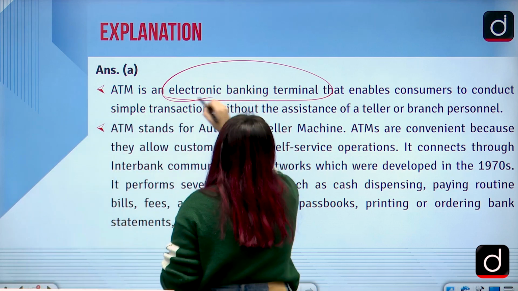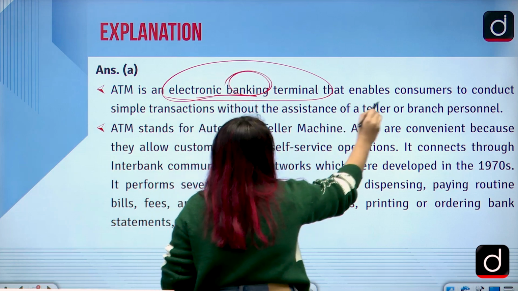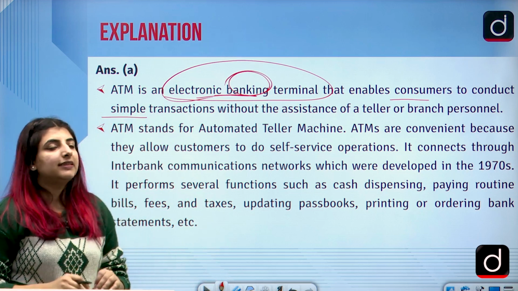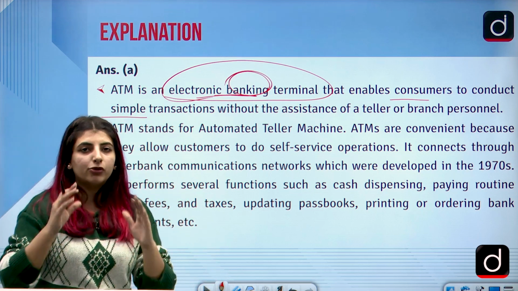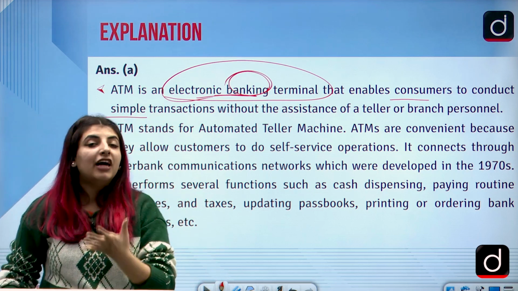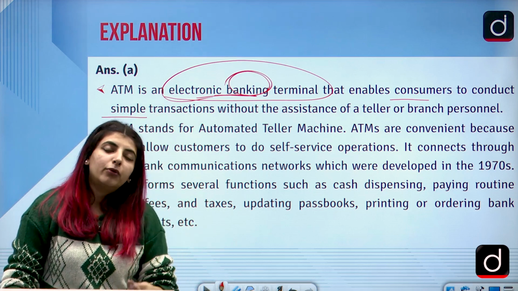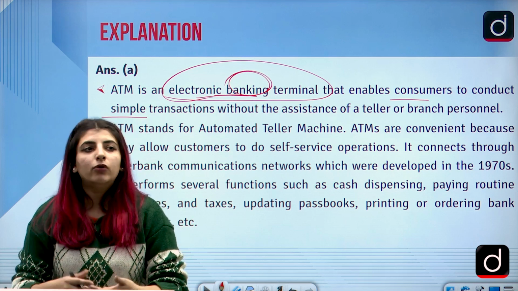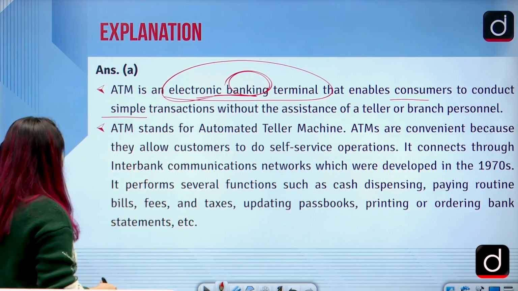So that is an electronic banking terminal, which enables consumers to conduct simple transactions without the assistance of a teller or a branch personnel. So you do not need a branch person to be there to provide you with cash, but you can simply go to a machine and you can get your money, right?